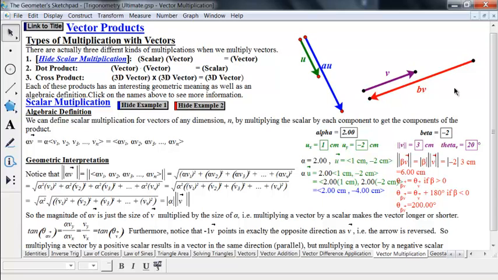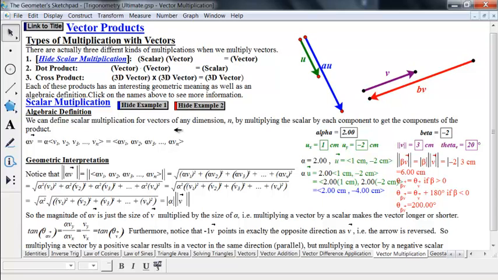The arrow will be reversed, still parallel but reversed, which is where you've added 180 degrees or pi radians to your original angle to get the new angle. One final word: if you multiply a vector by the zero scalar, you get the zero vector, which has all components 0.